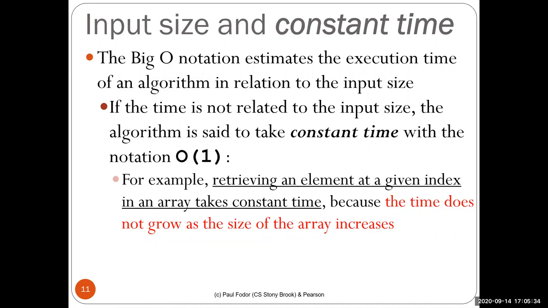You multiply the size of an element by the index, which gives you an offset from the beginning of the array, which you add to the reference that is the beginning of the array, and it gives you the address of the element that you want to return. But all of these are constant operations. You do a multiplication, an add, and then you get the address of that element.